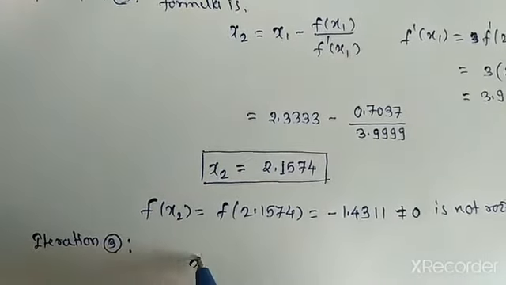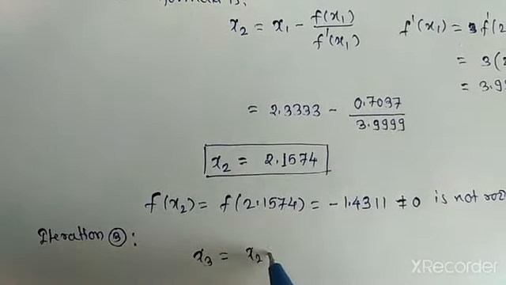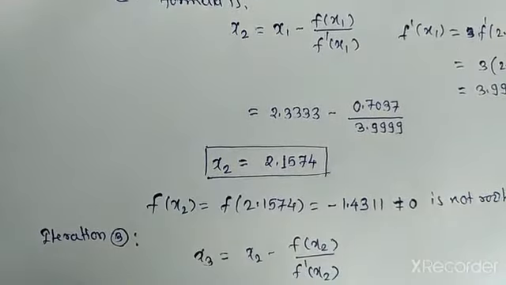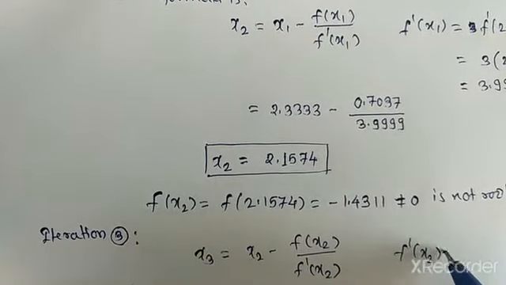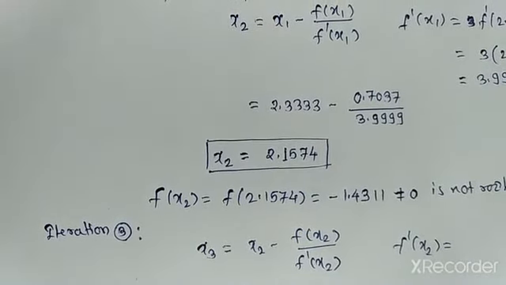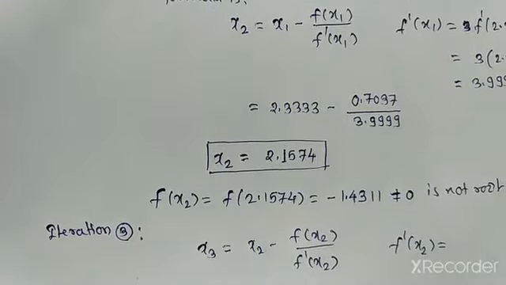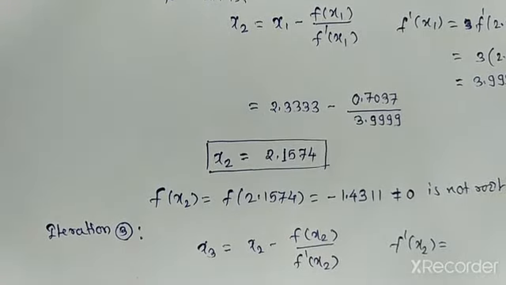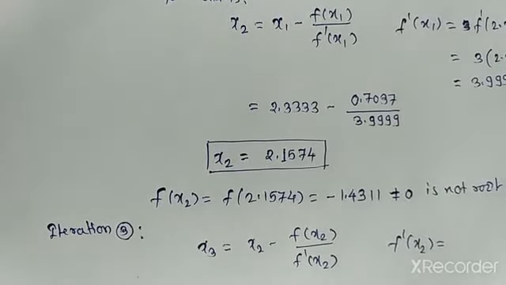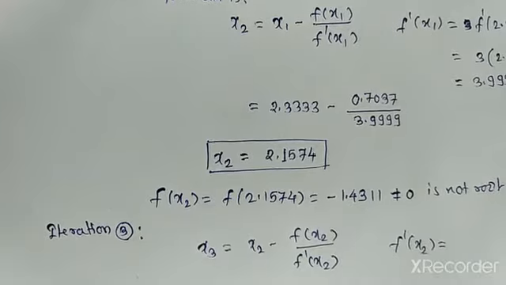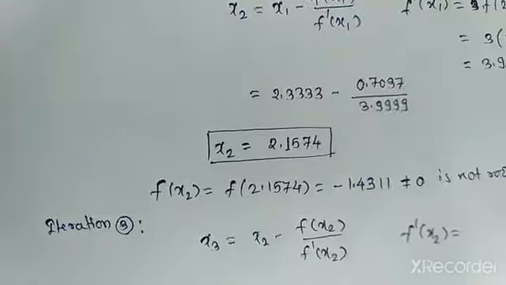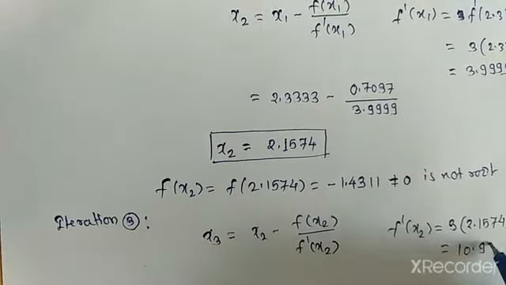So it will be x3 is equal to x2 minus f of x2 divided by f dash of x2. The value of f dash of x2, we have to find f dash of 2.1574. So here it is 3 into 2.1574 square minus 3, which is equal to 10.9631.